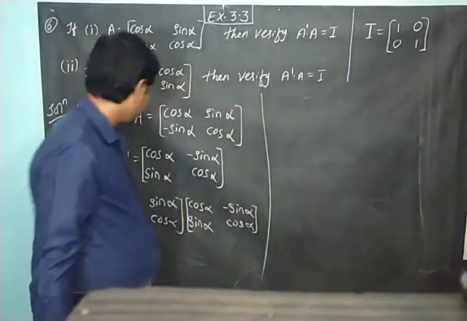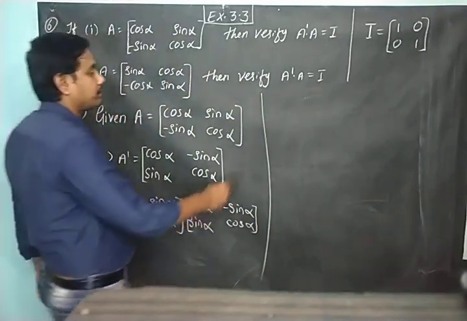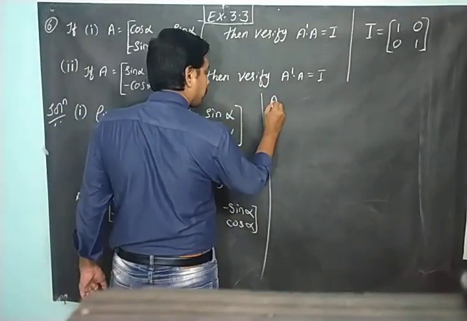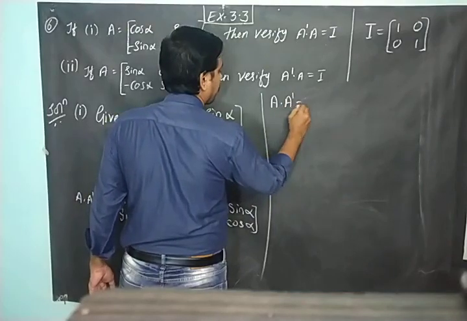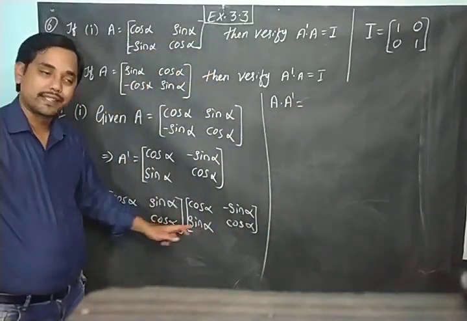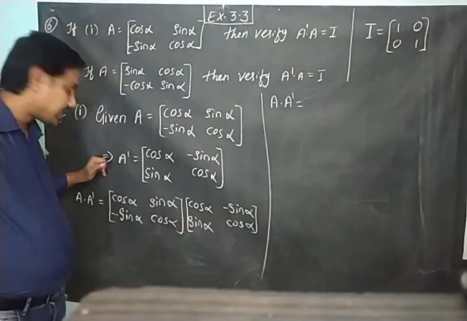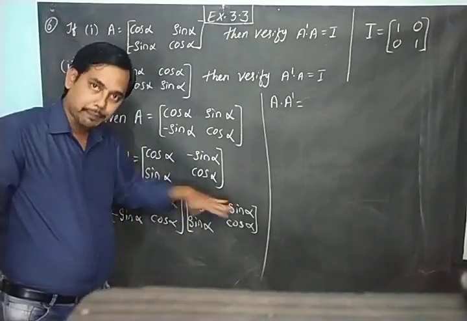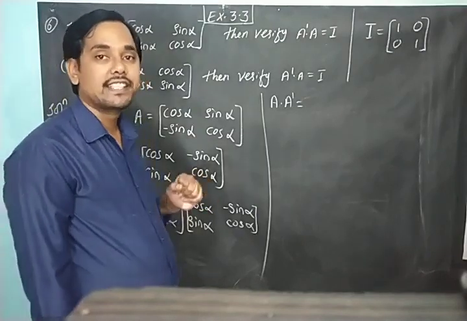So what will we get? A into A dash. See, we are multiplying two matrices. Multiplying means each row of the first matrix should be multiplied with each column of the second matrix.